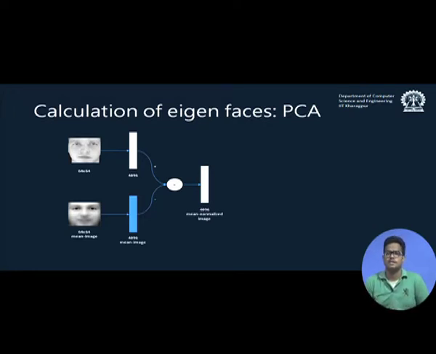So, the mean face is calculated by averaging all the faces in the training data set, and that is also converted into a vector and subtracted from the image, and thus we have a mean normalized image. This is necessary because it helps in the optimization of any gradient descent based algorithm, all right, down the road.